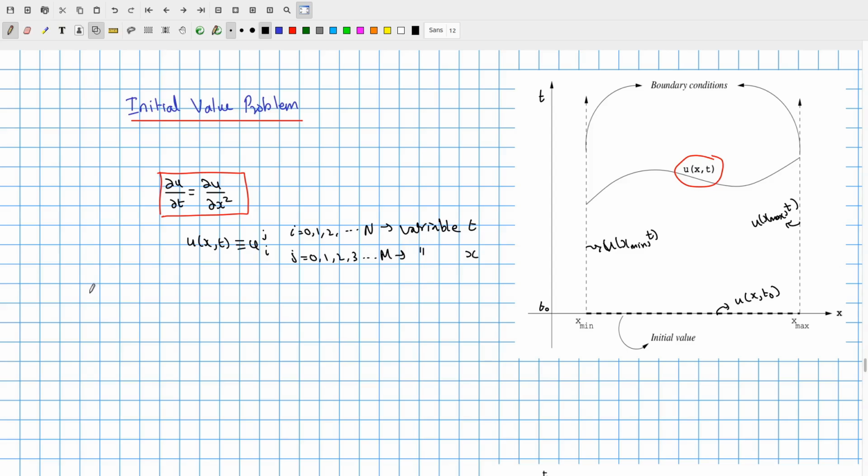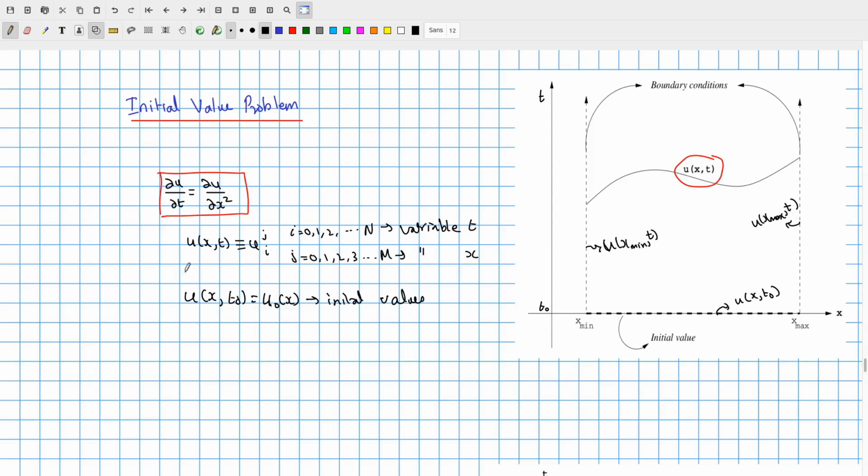This is how we have discretized the function u, and we are given an initial condition, say u at x comma t0, which I will call u0 of x. So this is the initial condition, initial values provided, and there are some boundary values.